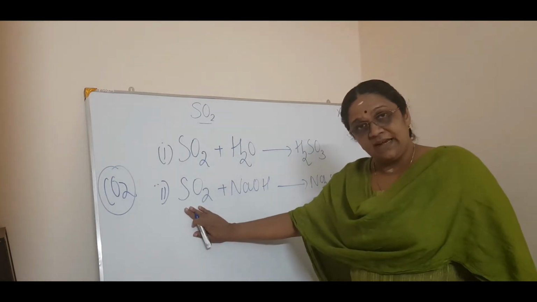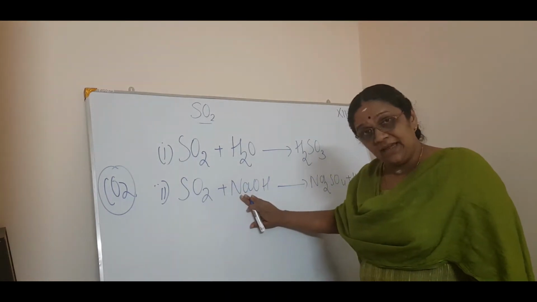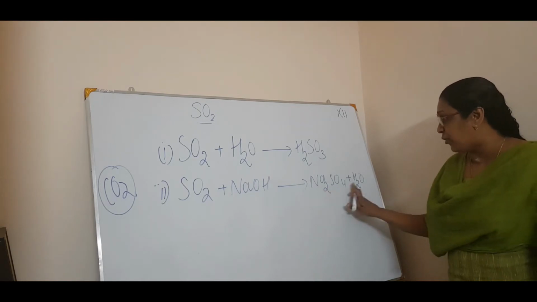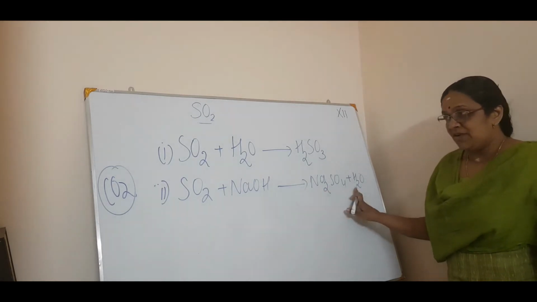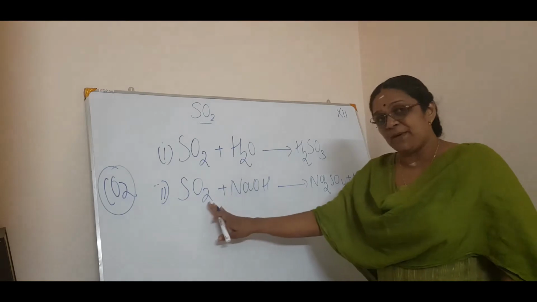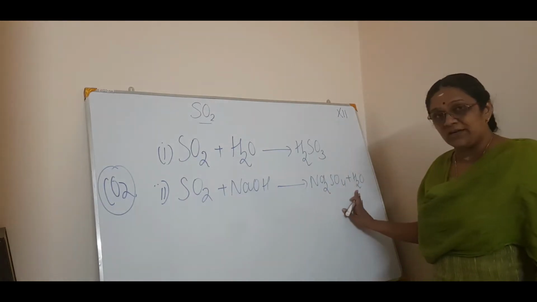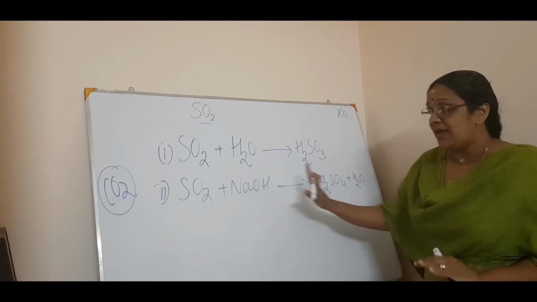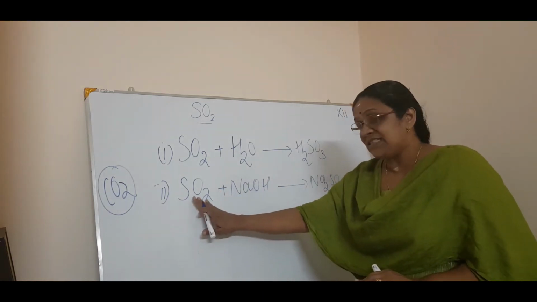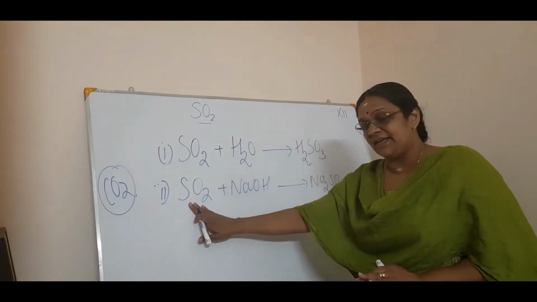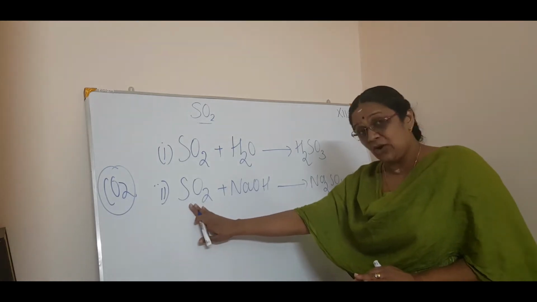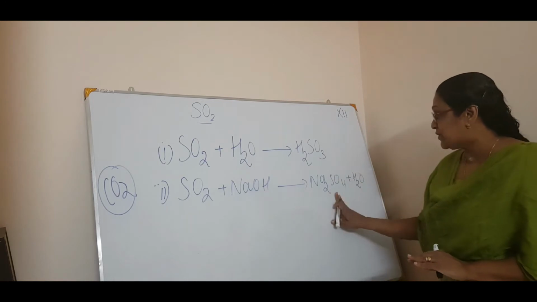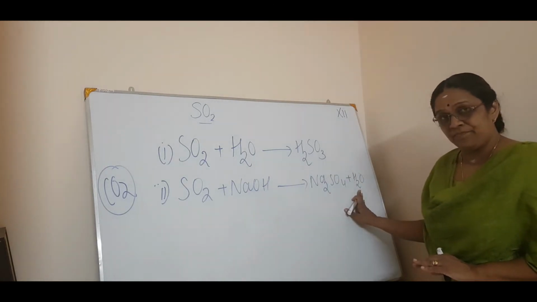When sulfur dioxide is treated with an alkali, you get the salt plus water. Which means what? Acid plus base gives salt plus water, an analogy of the neutralization reaction. In the same way, sulfur dioxide, which acts as an acidic oxide or non-metallic oxide, plus a base will give you salt plus water. You can remember it like that.